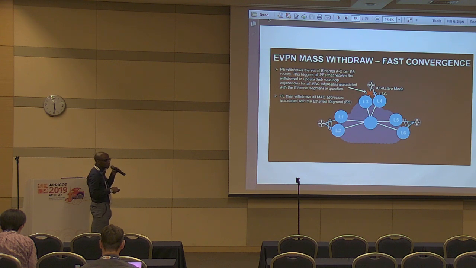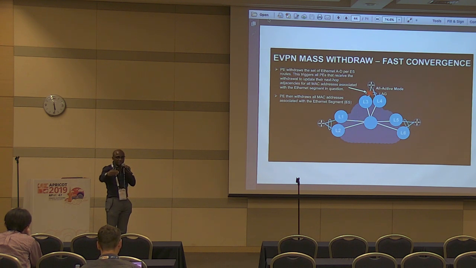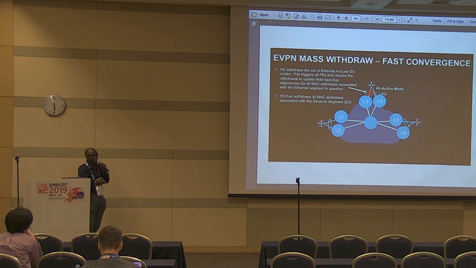So by withdrawing a single route, you achieve faster convergence. That is what is called mass withdrawal. Once that is processed, then leaf 3 can withdraw all the 1,000 MAC addresses, for instance, afterwards.